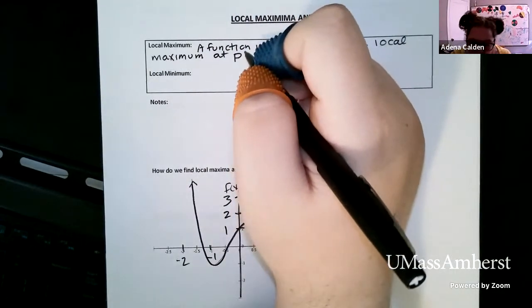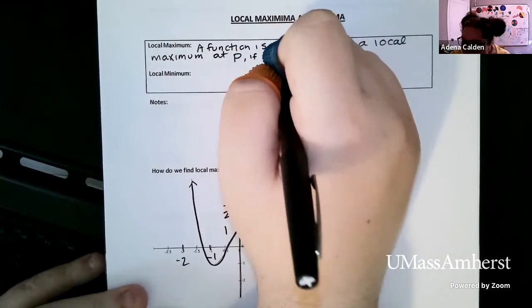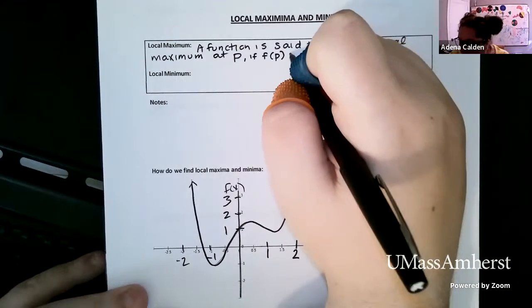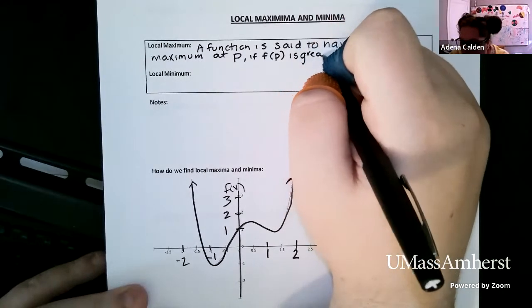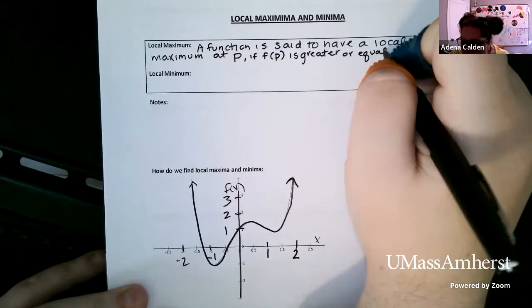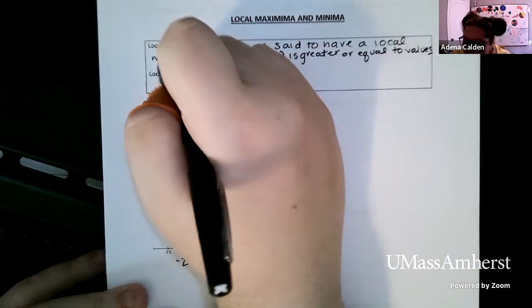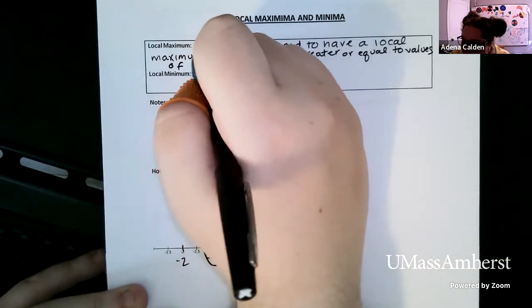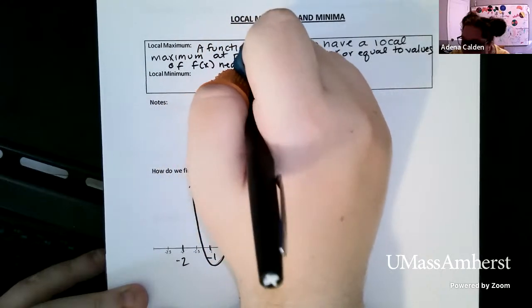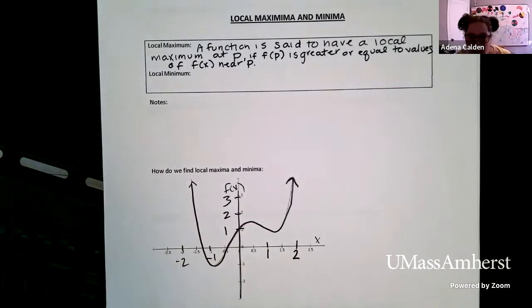So when x equals some number p, if f of p, so if the y value, is greater than or equal to values of f of x near p. So it's kind of an awkward definition, and we're going to do the definition for local minimum, and then we're going to look at a picture to really understand what this means, okay?